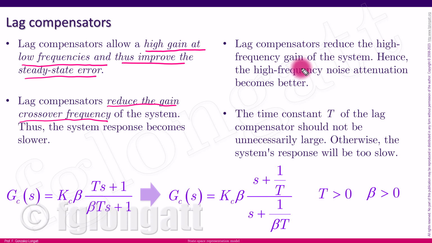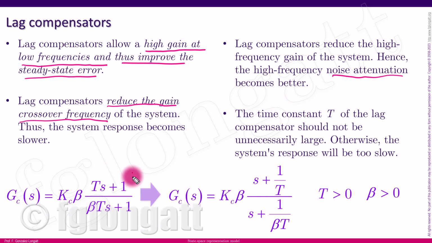Also, those compensators have the possibility of reducing the high frequency gain of the system, so that allows the attenuation of noise. Noise attenuation is quite important, especially for this excitation system, because we need to reduce the noise coming from the measurements, in this case, the terminal voltage.